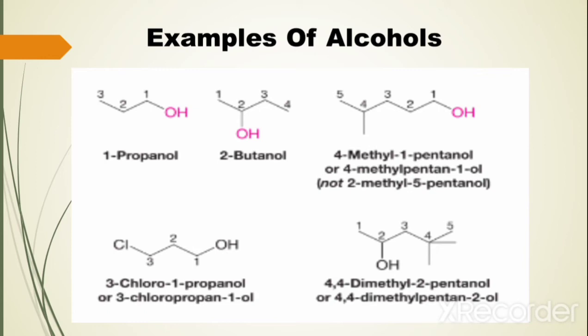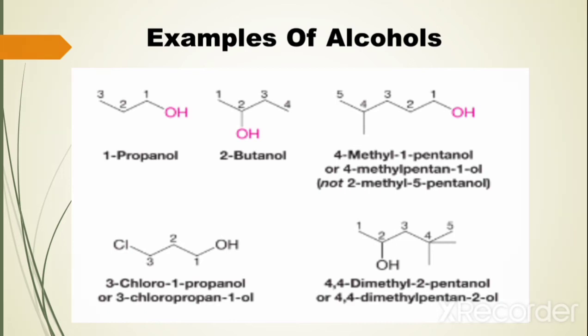And we will name it as 4,4-dimethyl, because there are two substituents and they are the same, so we use di, dimethyl. And on the second position there is a hydroxyl group, so we will name it as 4,4-dimethyl-2-pentanol.